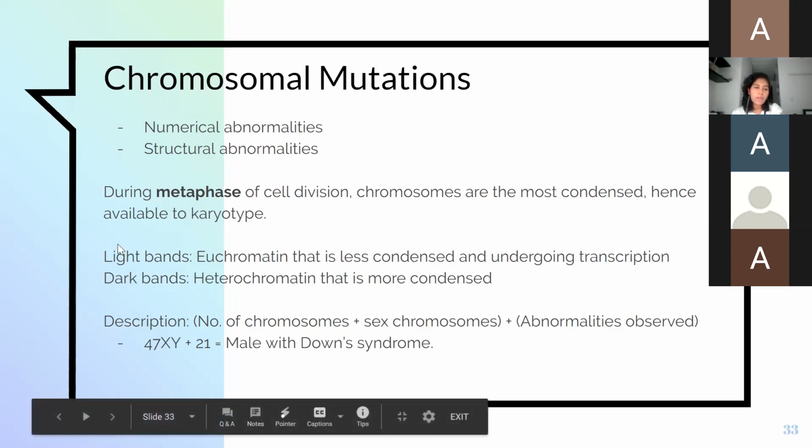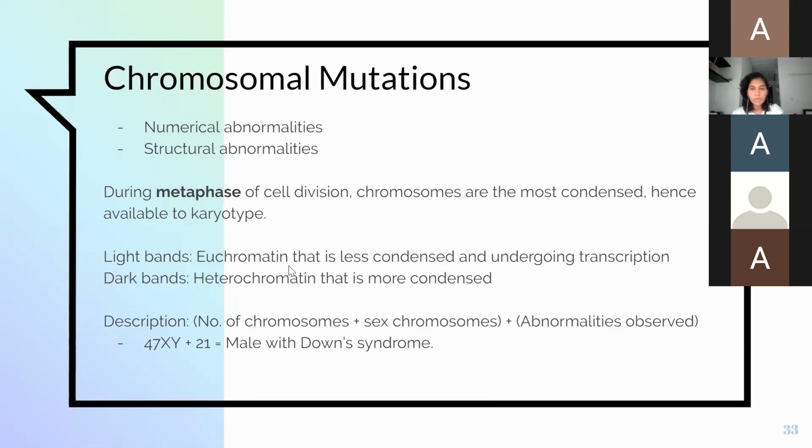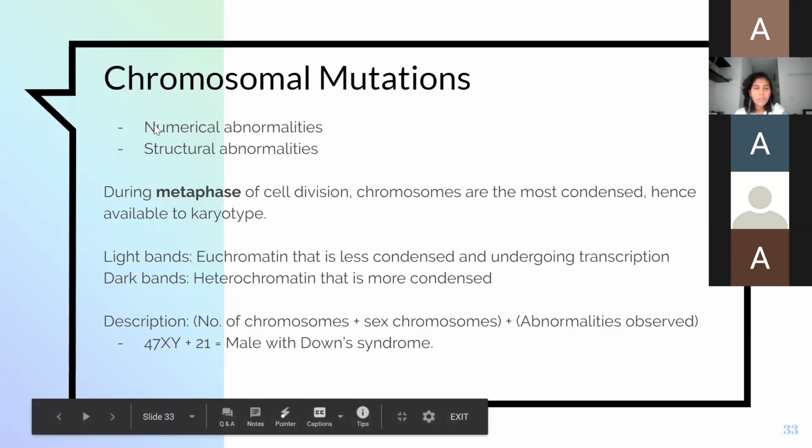On chromosomes, you have light bands and dark bands. Your light bands are essentially euchromatin, which is DNA that's undergoing transcription. And dark bands are your heterochromatin, which is more condensed and doesn't really go through transcription. And when you're describing a karyotype, you have to put your number of chromosomes, such as sex chromosomes, to identify whether it's male or female, and to see if there are any abnormalities observed.